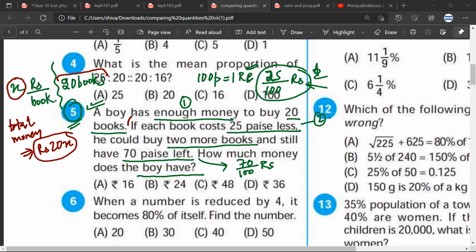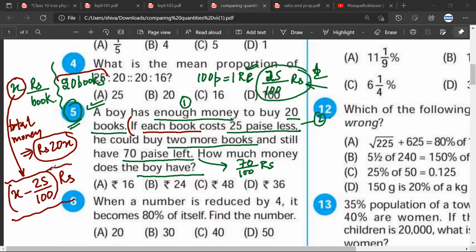Now in the second line, what they are saying is, if each book costs 25 paise less, which means that this x reduces to x minus 25 upon 100 rupees. Is it making sense? It's making sense, sir. But now, because the cost of each book has come down, he will be able to buy 22 books.